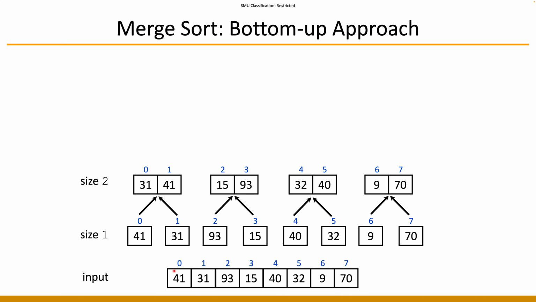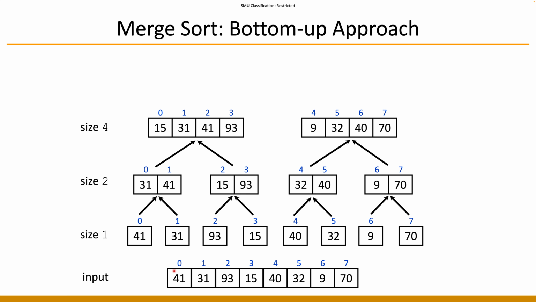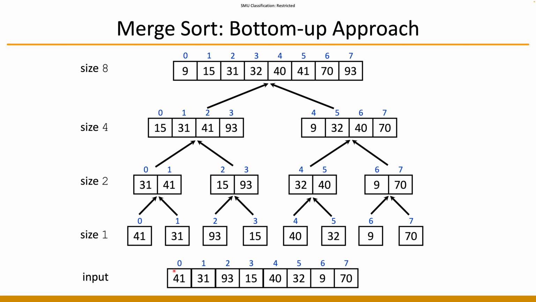We merge them up: starting from size 1, we merge 2 size-1 lists into size 2. Then again, we merge each size-2 sublist with the nearby size-2 sublist into size 4. And in the final step, we merge 2 size-4 lists into 1 size-8 list. And that finishes the process.